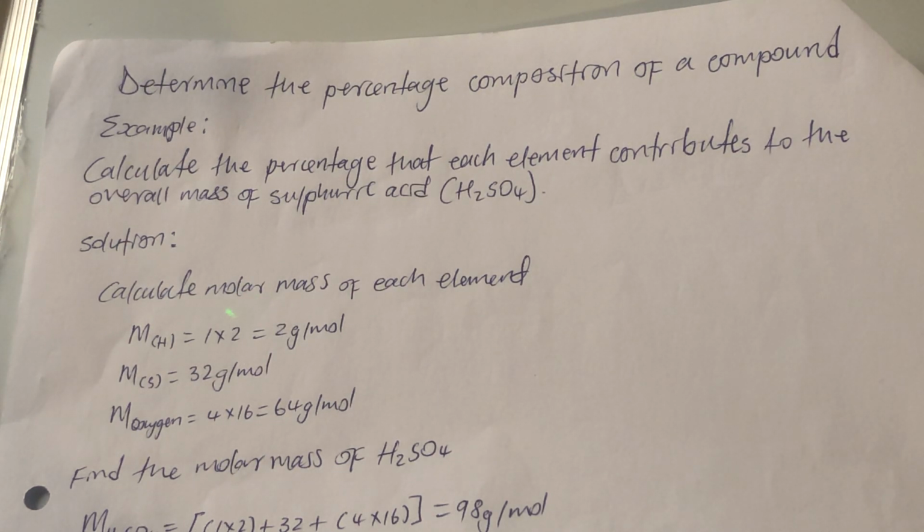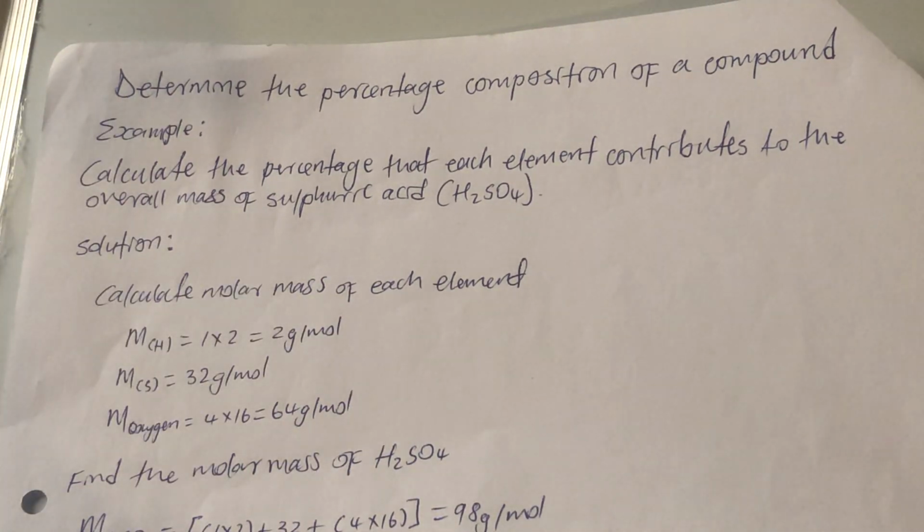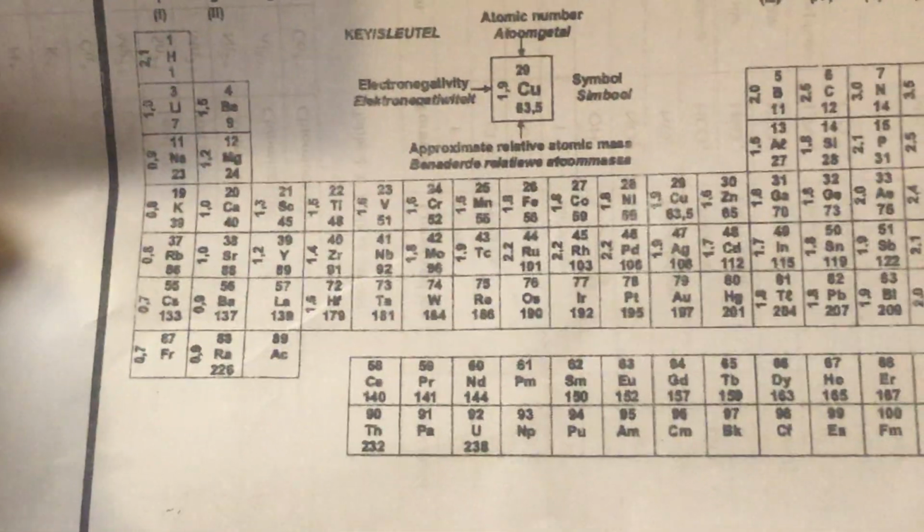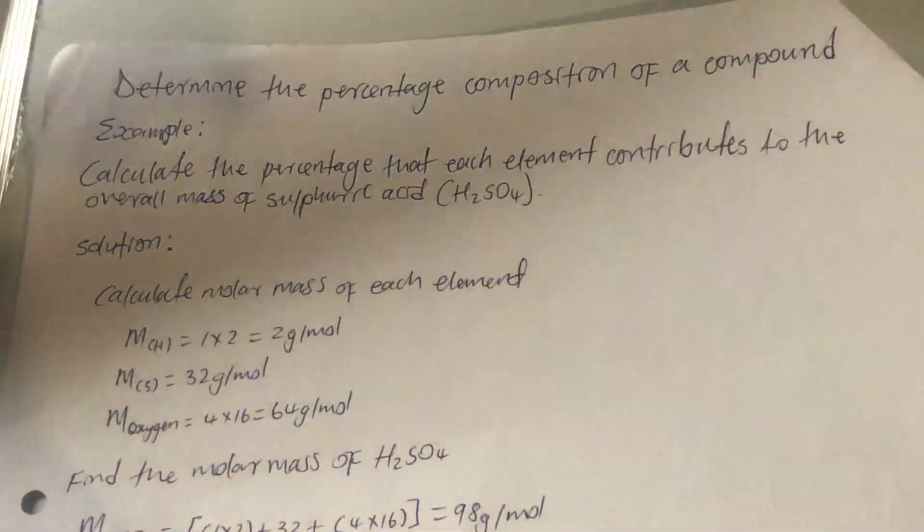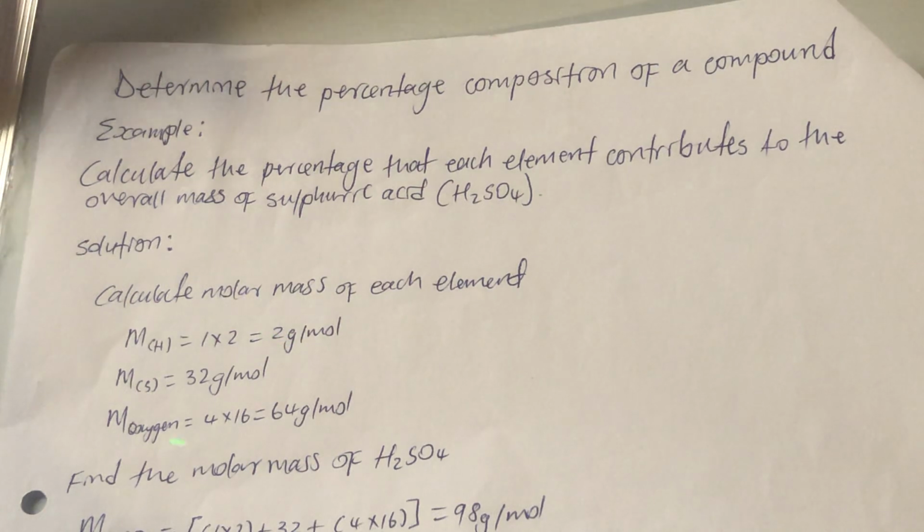So for me to find the molar mass of each element, I'm going to make use of a periodic table. Here it is. What do I do with this periodic table?